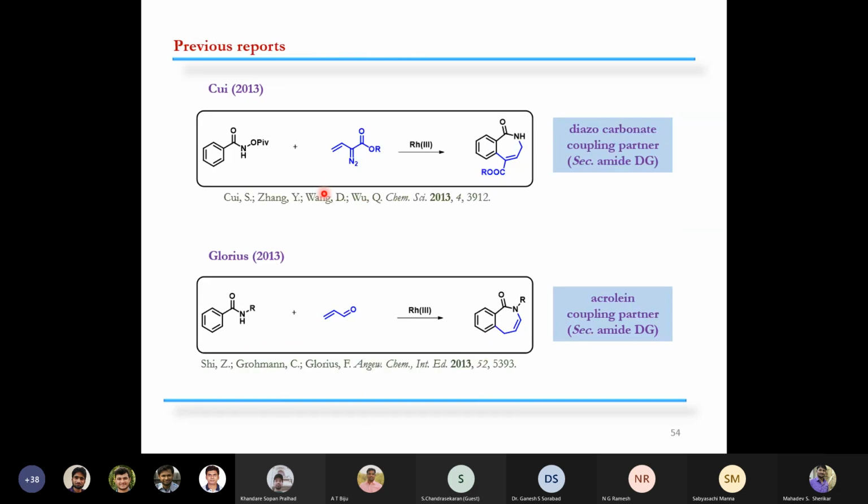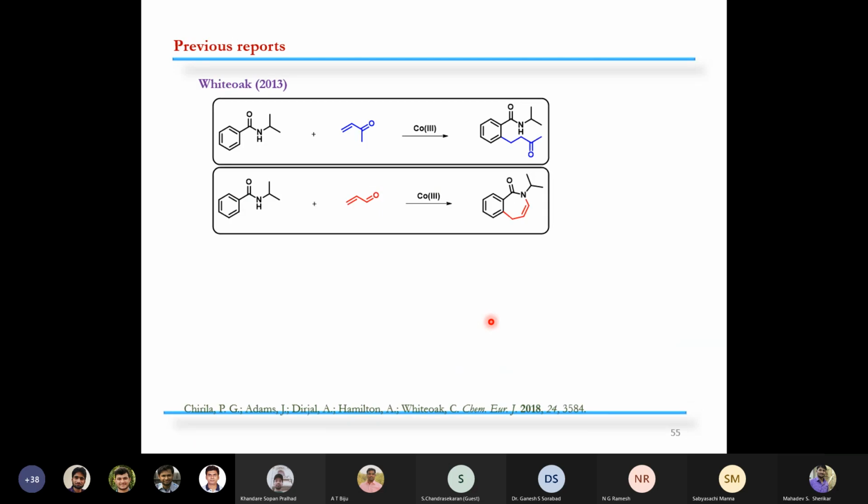While the Cui group synthesized the 7-member lactam by incorporating diazo as a coupling partner using a rhodium catalyst, Glorius reported using acrolein as a coupling partner under rhodium catalyst to achieve this 7-member lactam. The same year, the Whiteoak group reported a similar kind of transformation using a cobalt catalyst with acrolein.